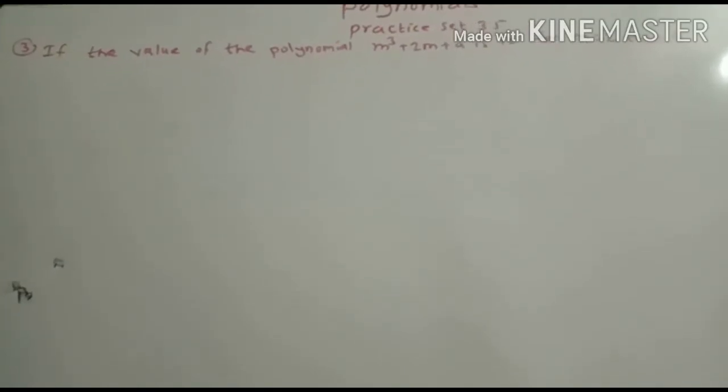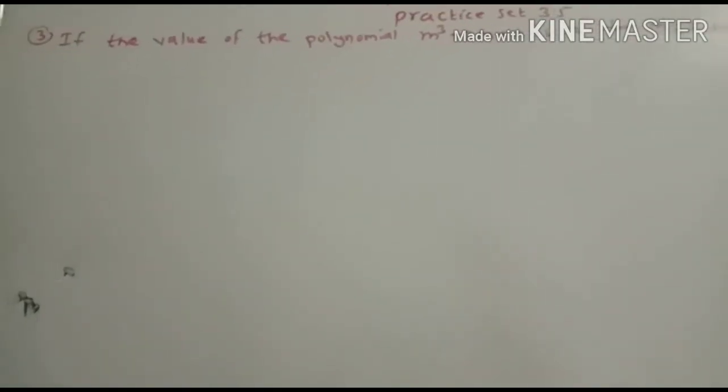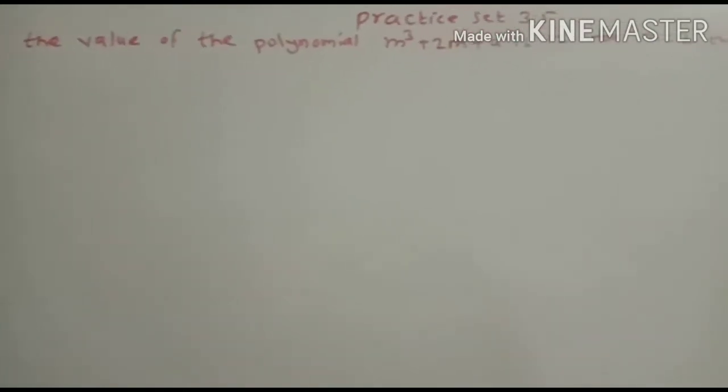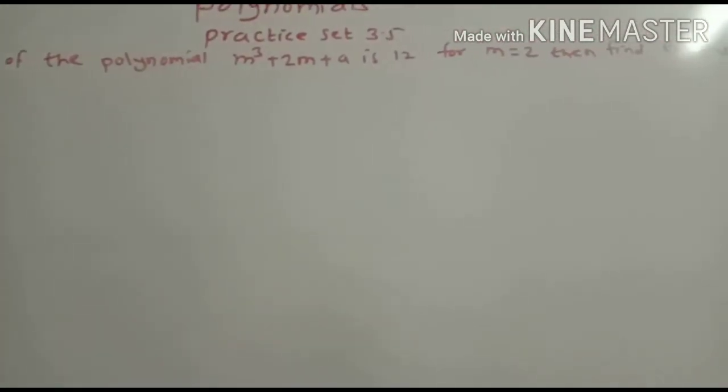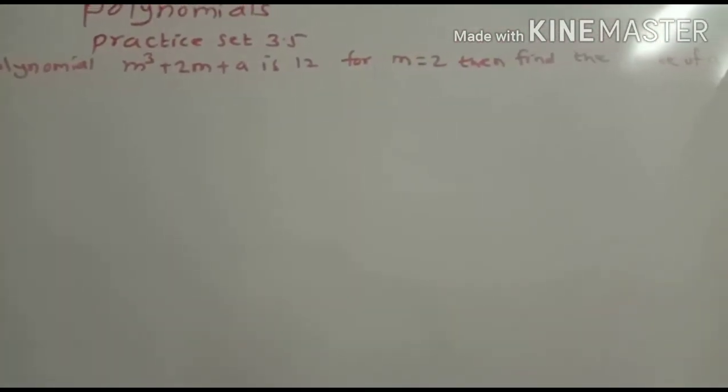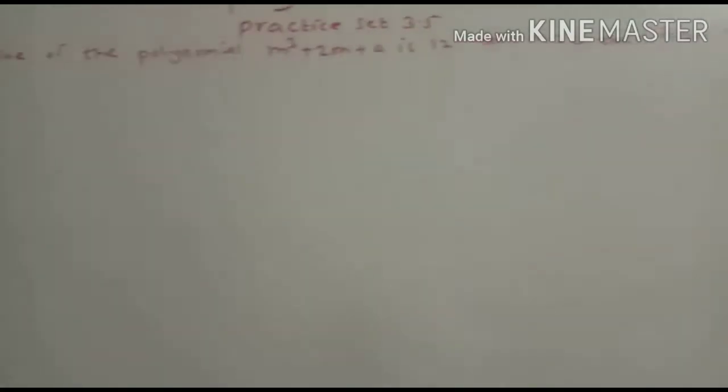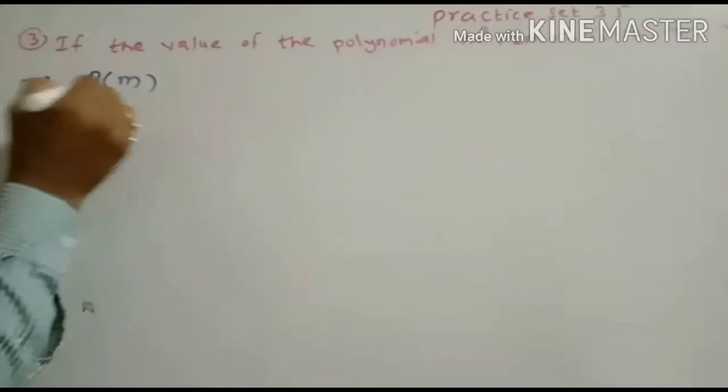Next example is, if the value of polynomial m cube plus 2m plus a is 12 for m is equal to 2, then find the value of a. Polynomial is given, P of m.